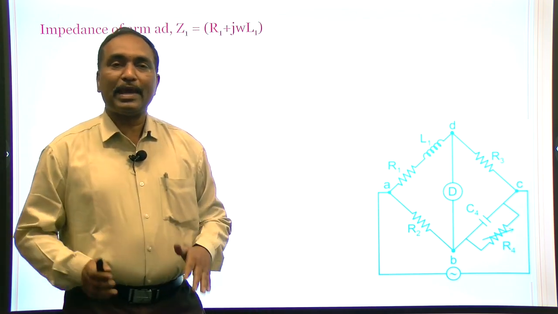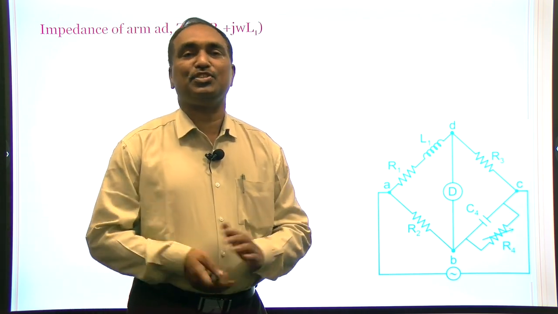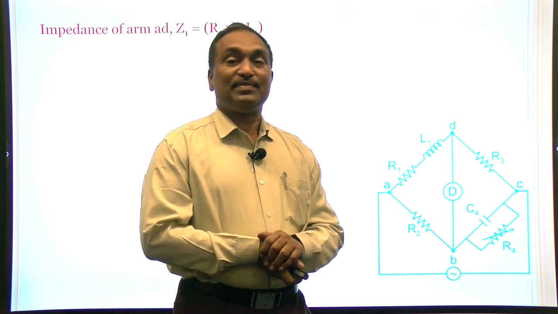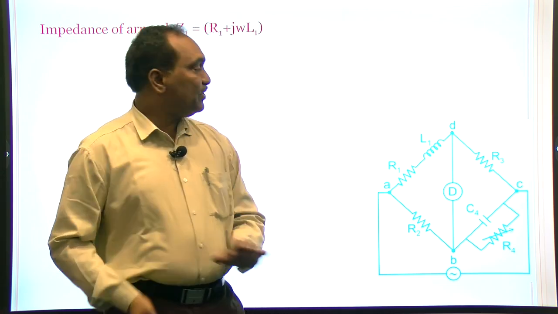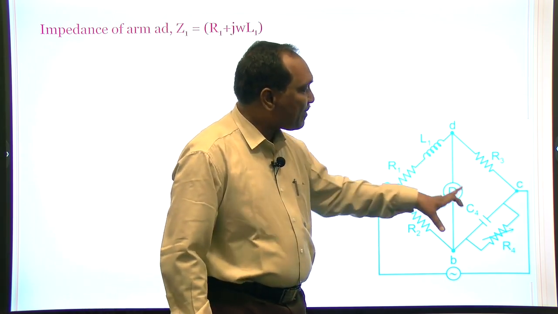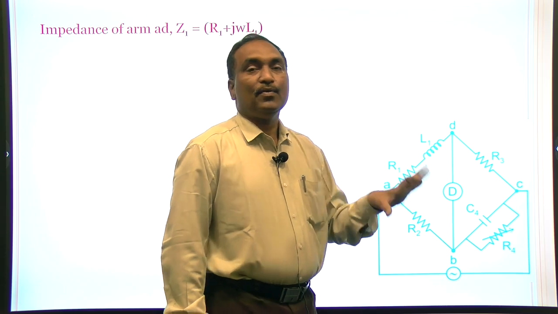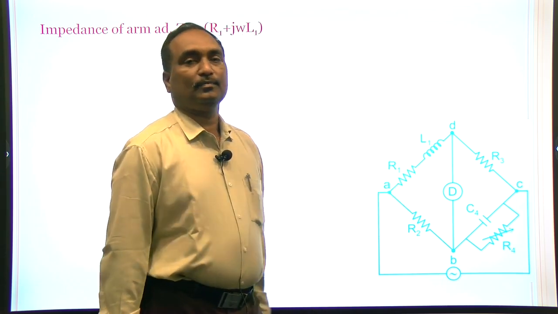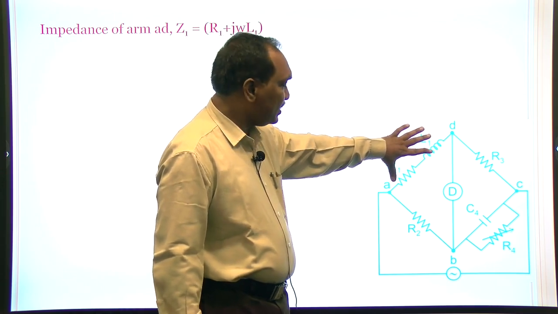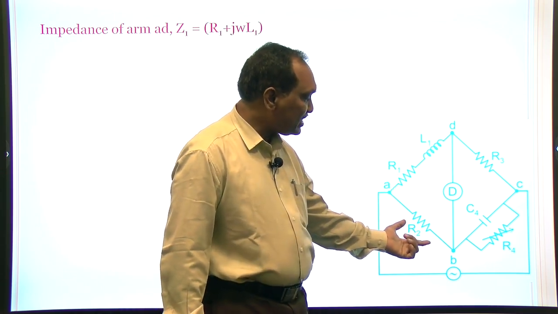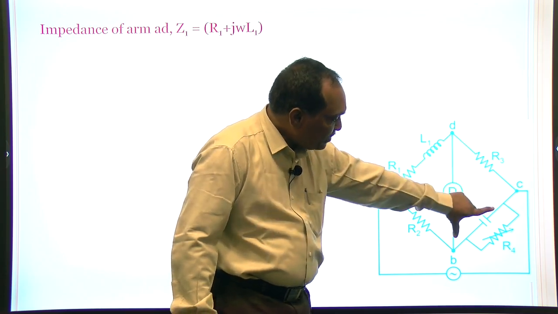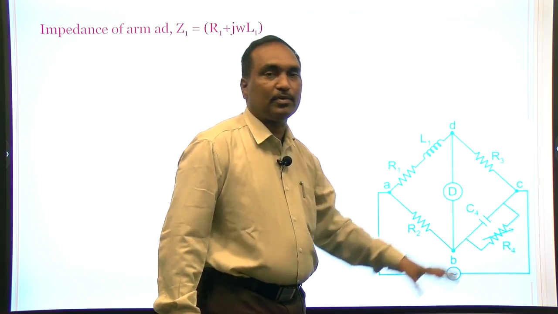The principle behind the Maxwell bridge is the Wheatstone bridge. What is the Wheatstone bridge principle? The Wheatstone bridge is the same as this, but its four arms contain only resistances or only impedances. For example, arm AD contains impedance Z1, AB contains Z2, CD contains Z3, and CB contains Z4.